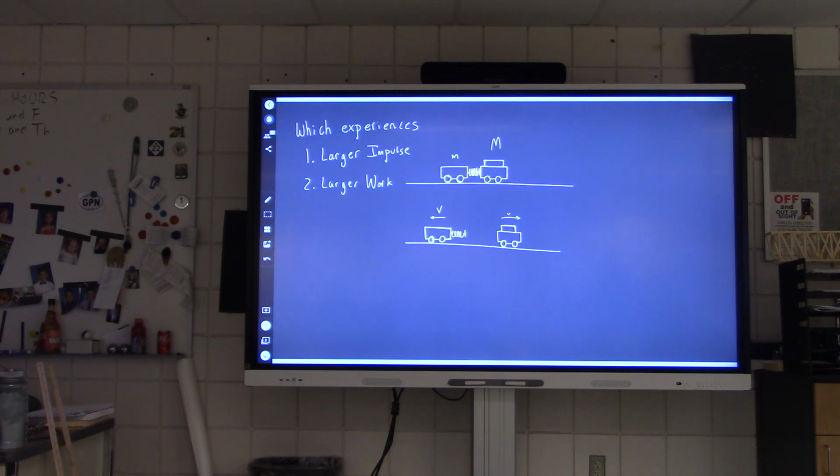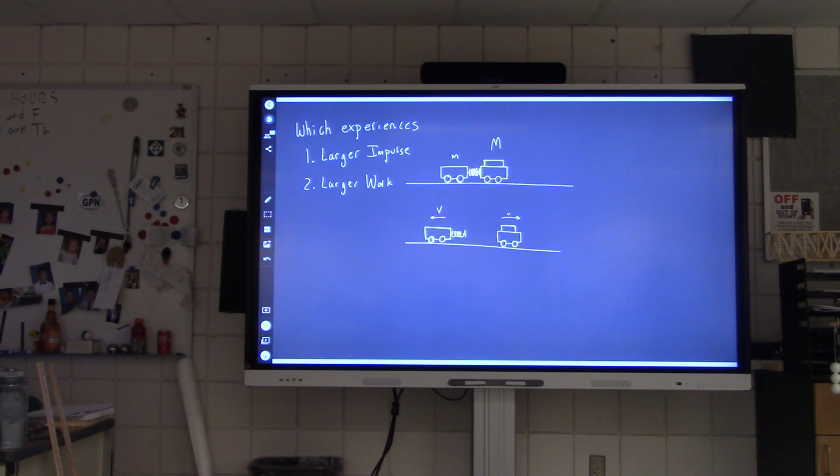It's applied for the same amount of time. Same force, same time, so they equal out.